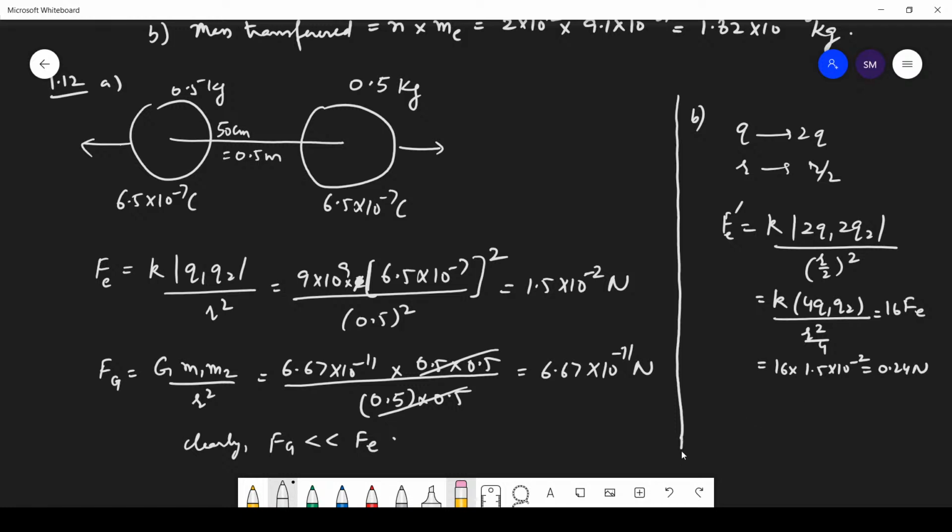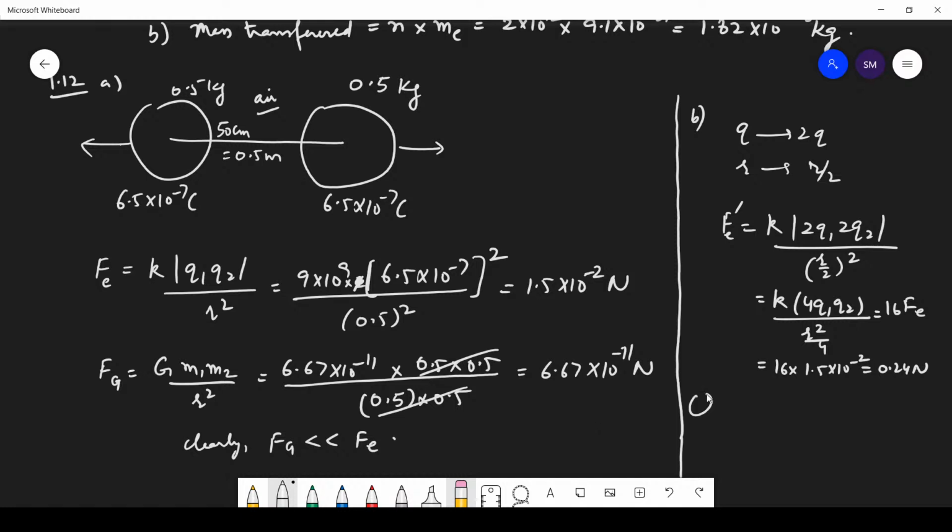Now we have to find the force if the two spheres are placed in water. So this was in vacuum or air, and now there is water in between the spheres.